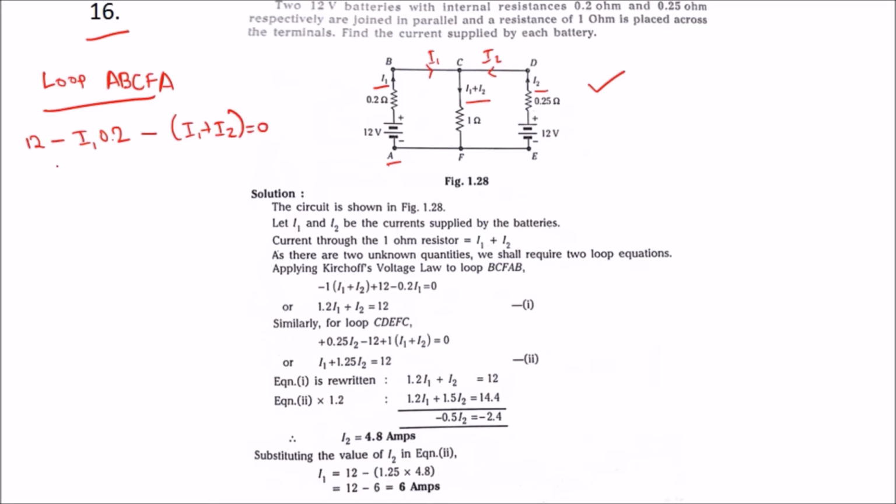When we simplify this, we get 1.2 I1 plus I2 is equal to 12. So this is equation 1.